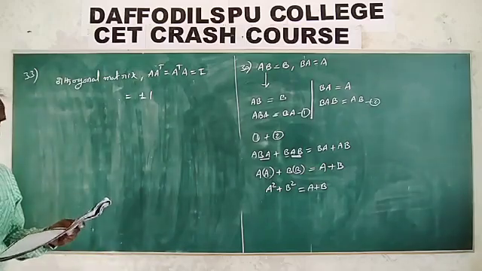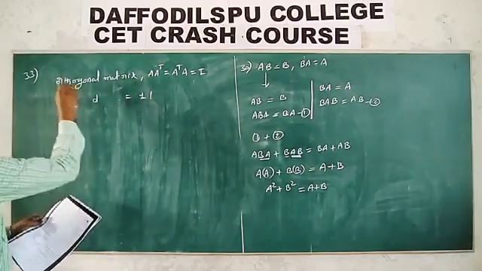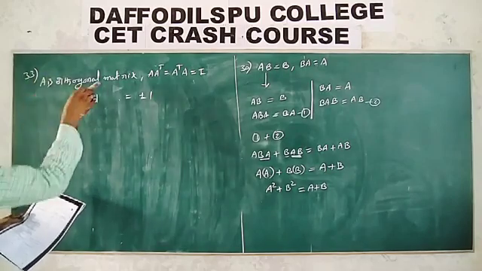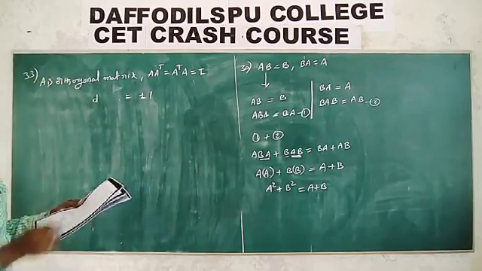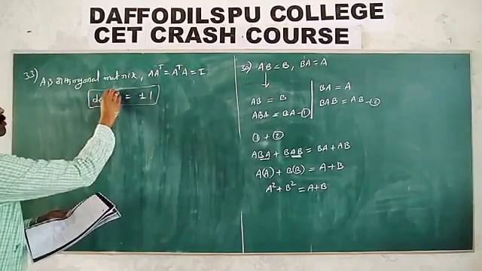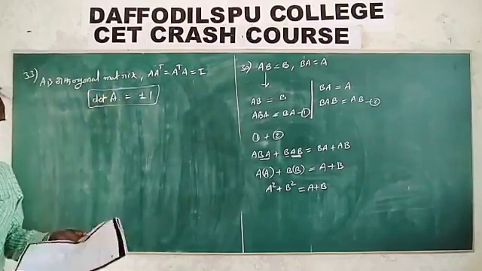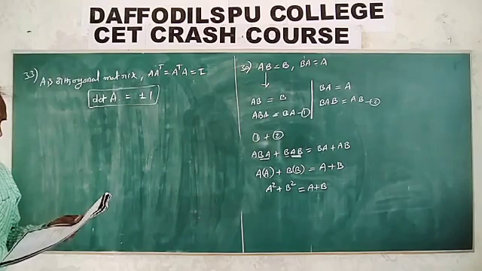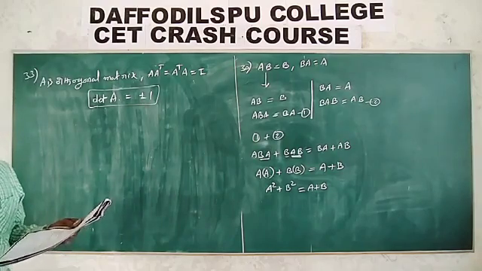Determinant of A is the conceptual bit. So A is an orthogonal matrix. The third option, determinant of A is equal to plus or minus 1, by the properties.